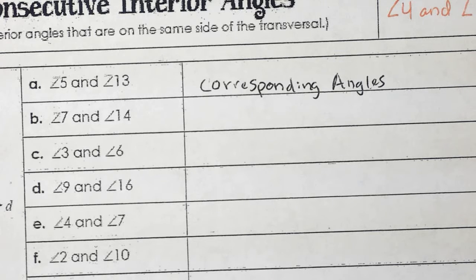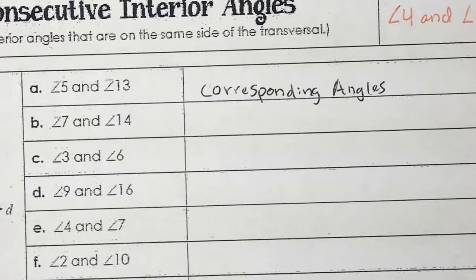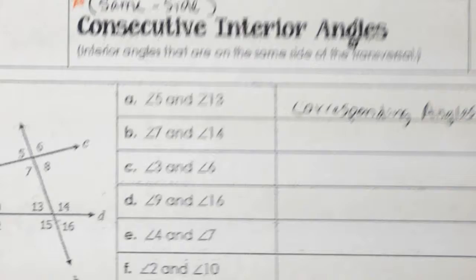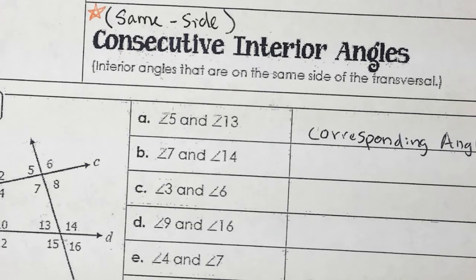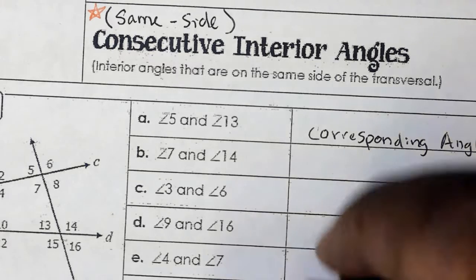Lucas, angle 7 and angle 14. Say it again. That's not it. Somebody else want to help him out. Reese. What kind? Alternate interior angles.